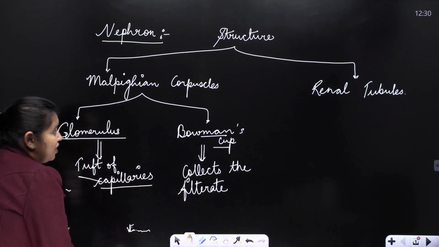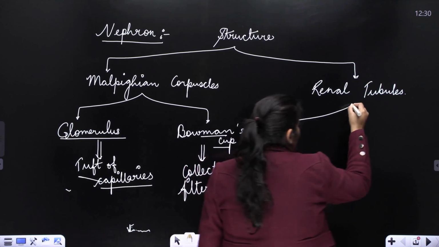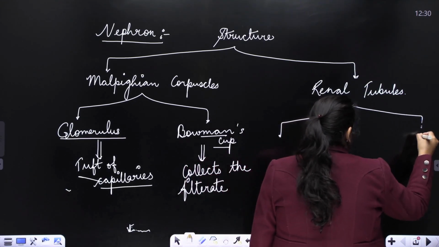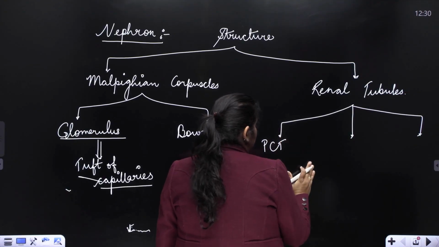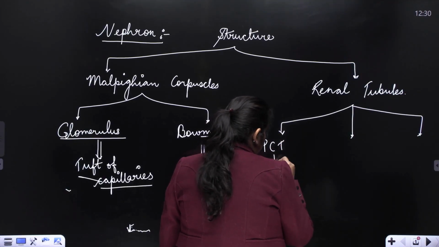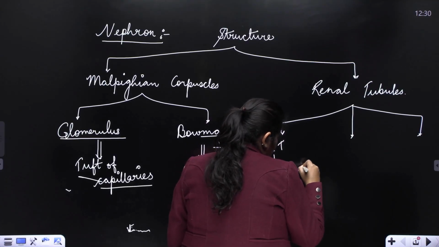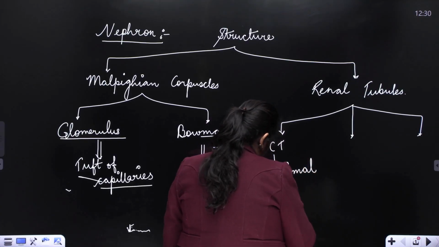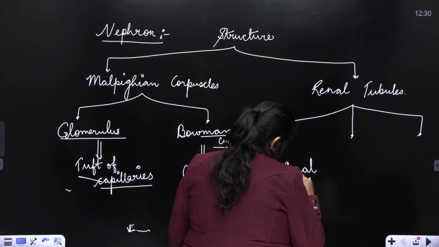Next, the renal tubules have three parts. The PCT, known as proximal convoluted tubule.